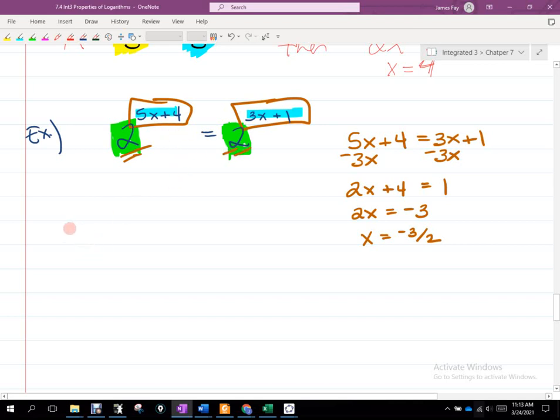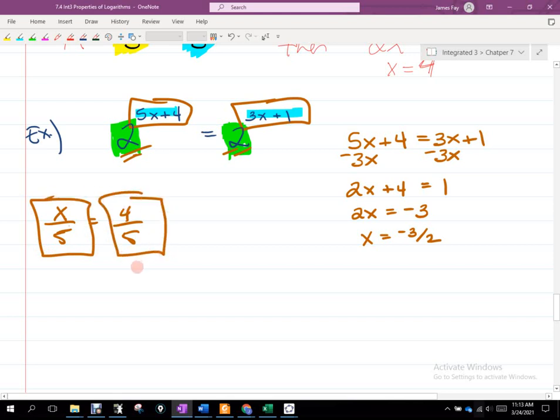You've seen this with fractions before. If I say x over 5 equals 4 over 5, this is a one-to-one correspondence. The only way I can make the left-hand side identical to the right-hand side is to make x turn into 4.